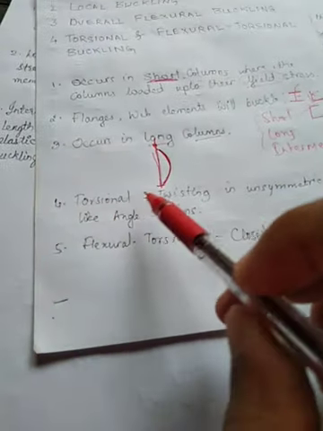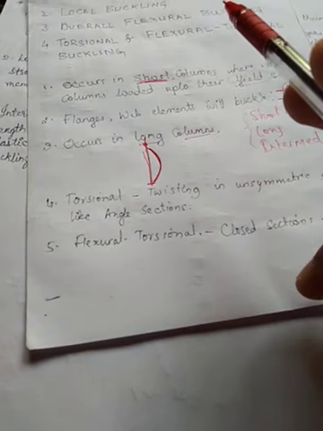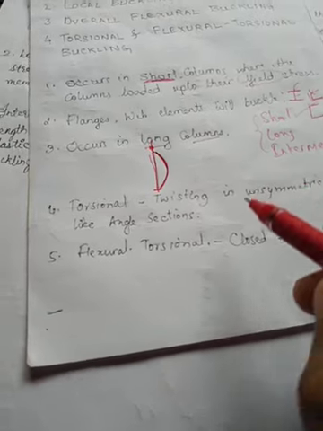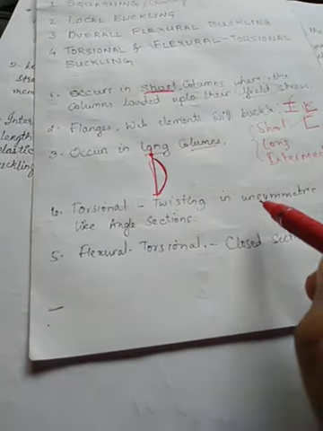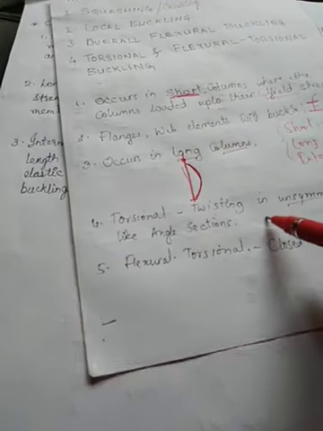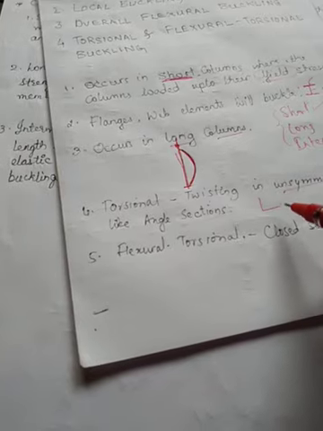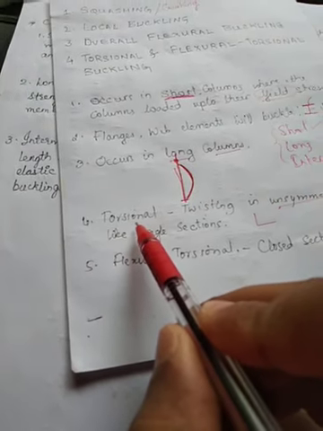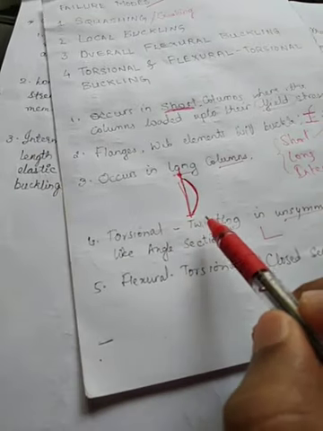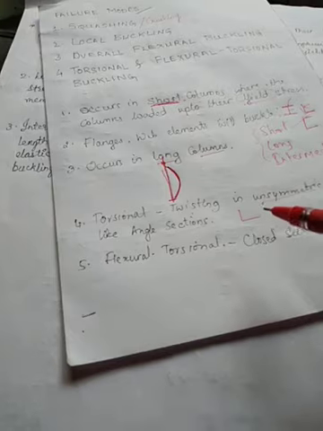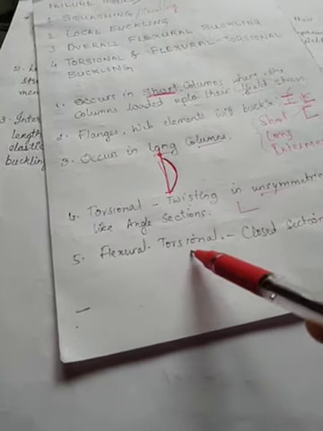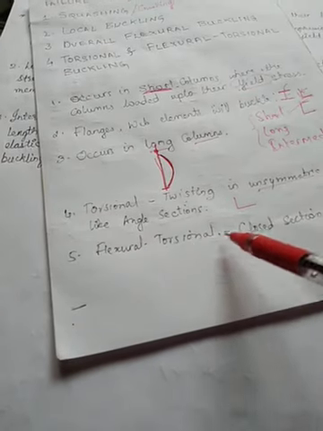Next type of failure is torsional buckling, or a torsional failure. This is a twisting in unsymmetric sections like angle sections. If the angles are loaded unsymmetrically, then this type of failure occurs. This is called torsional, or a twisting of a section or a member. By this it fails. Next we have flexural torsional buckling.